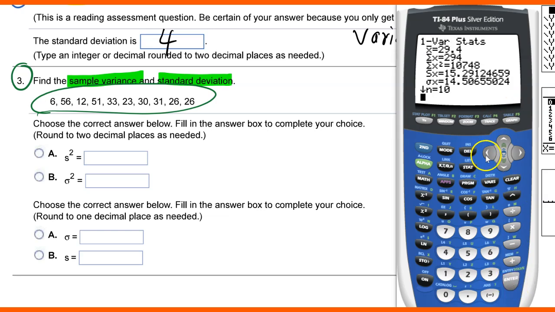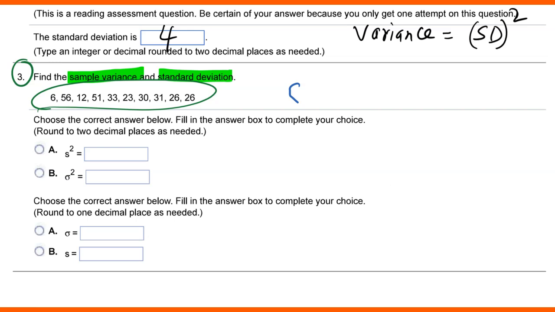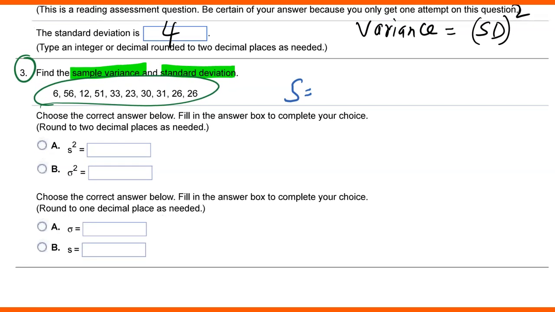Press enter, and you'll see that the sample standard deviation is 15.29124569. I'm writing all possible digits here. So the sample standard deviation S equals 15.2912.